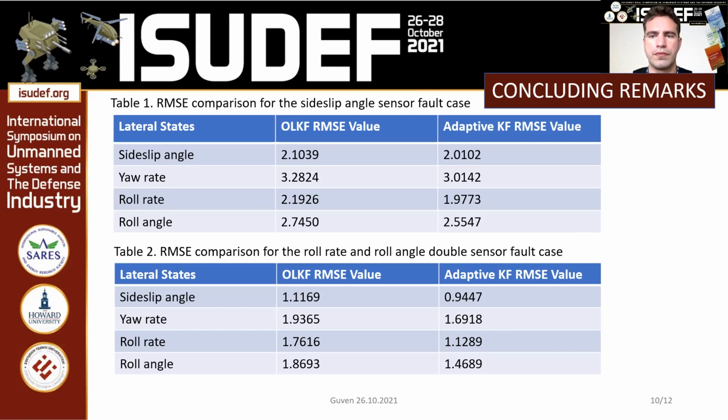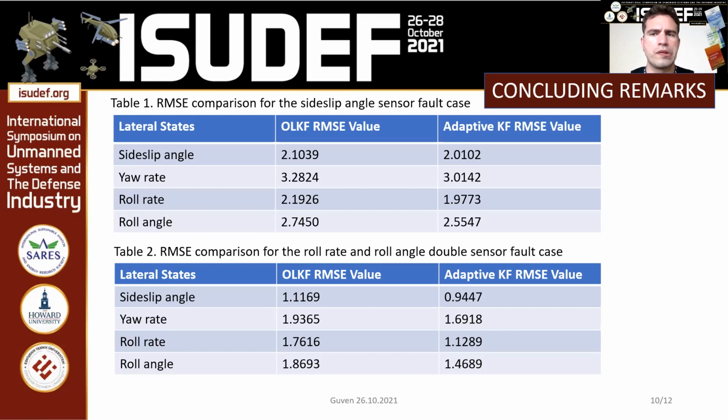We can see the difference by using the root mean square error, and the root mean square error values are better if the value is closer to 0.